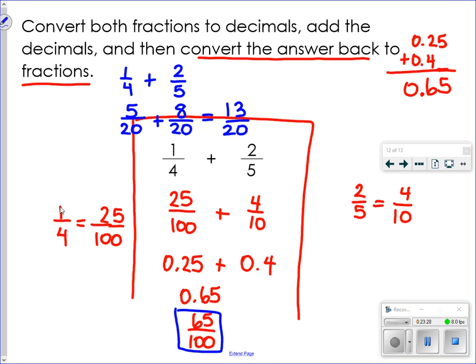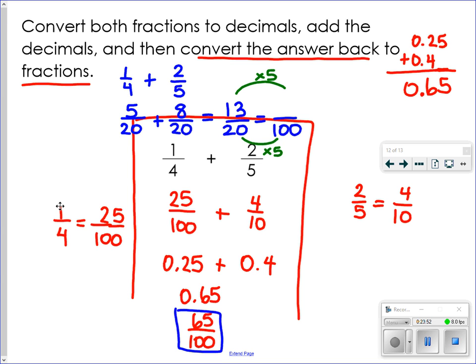Okay. The problem is, I can't write that as a decimal because I don't have a decimal position that is 20ths. But I can make that hundredths because I do have a decimal position that is hundredths. What do I have to multiply this 20 by to get 100? Multiply by 5. So on the top, multiply by 5.